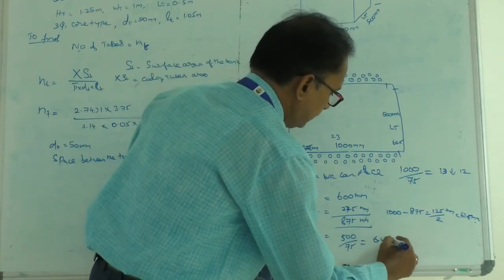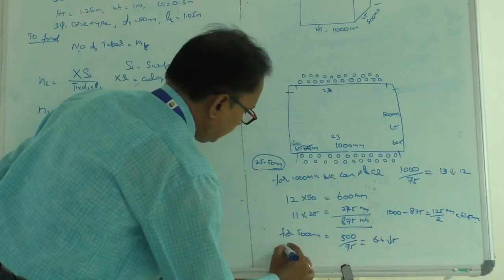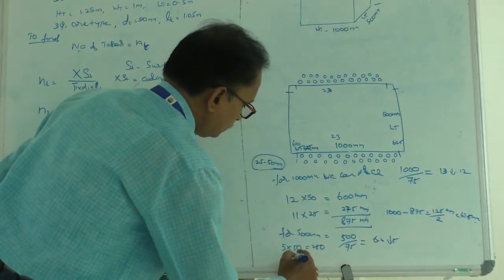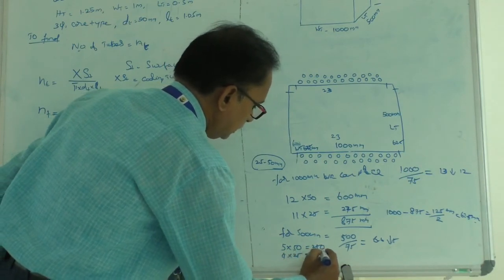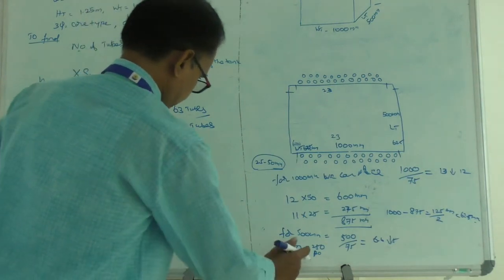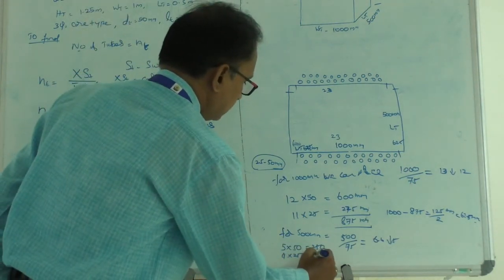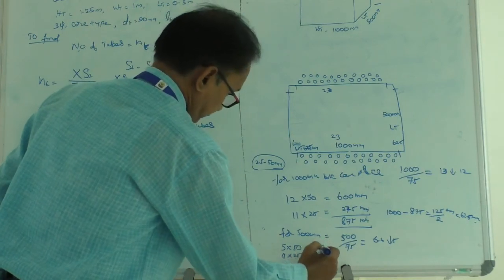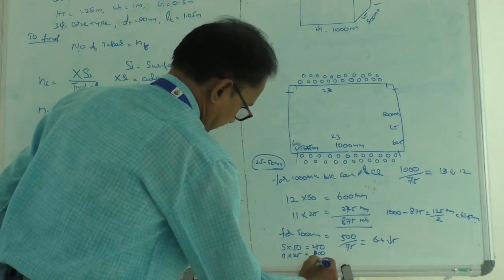You make it 5, which means 5 into 50, which is equal to 250, and 4 gaps of 25, that is 100. So 250 plus 100 is 350 mm.